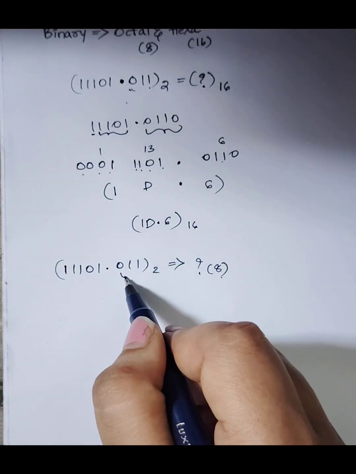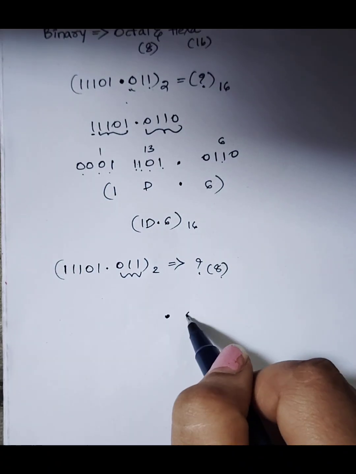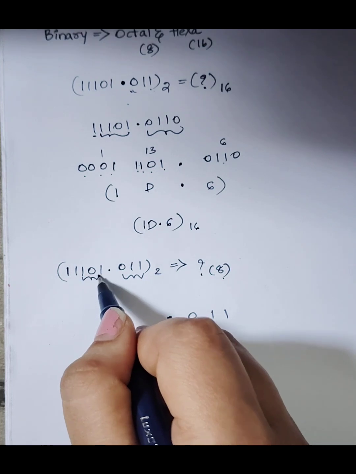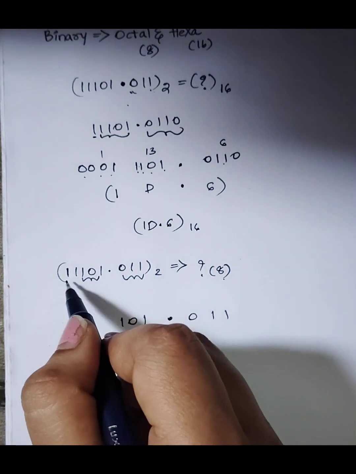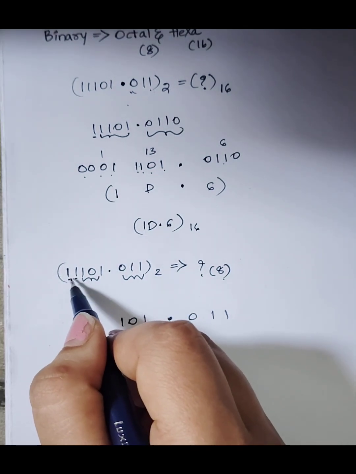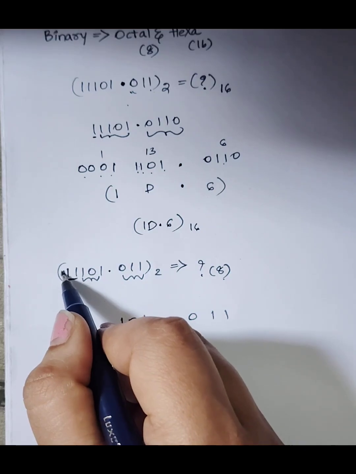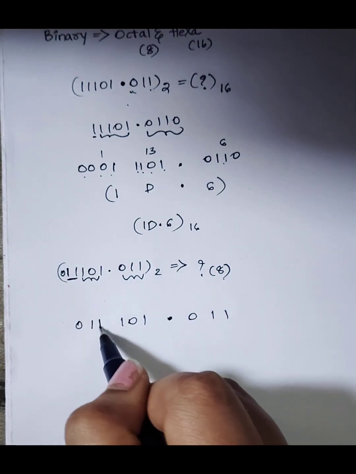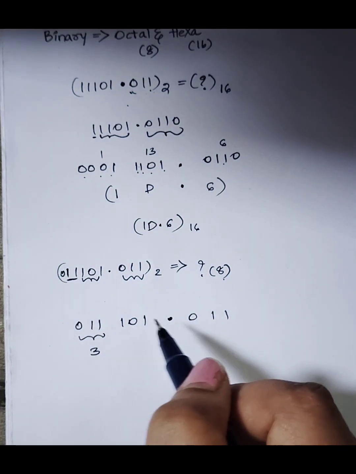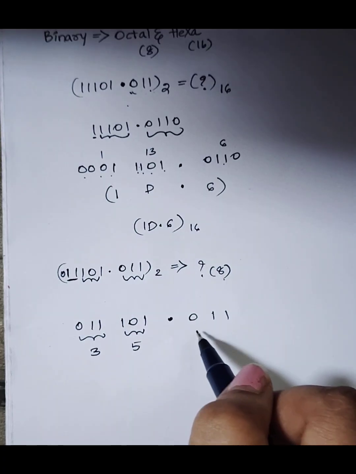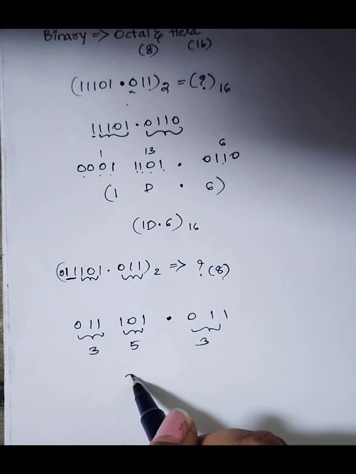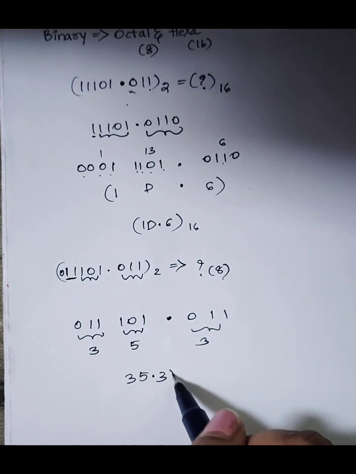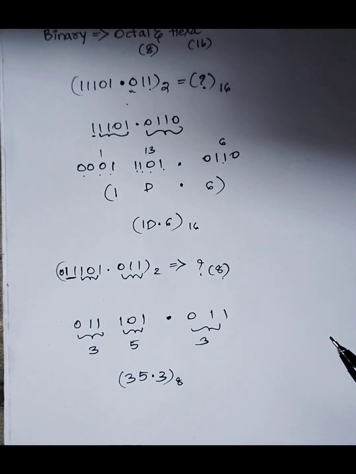So it will be 0 1 1, 101. Here there are only two numbers, so you need to append 0 to its LSB side. So it will be 011. 011 means 3, 101 means 5, 011 means 3. So it will be 35.3 in octal.